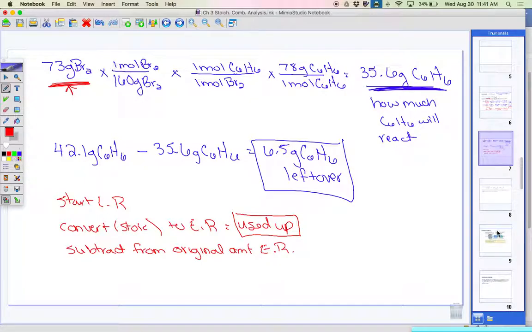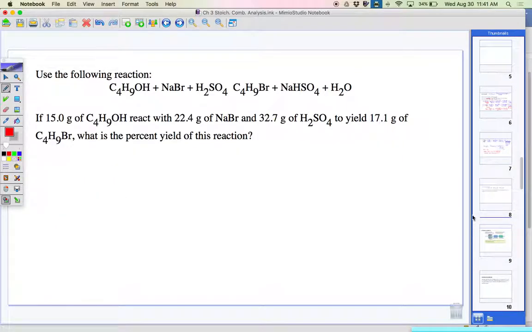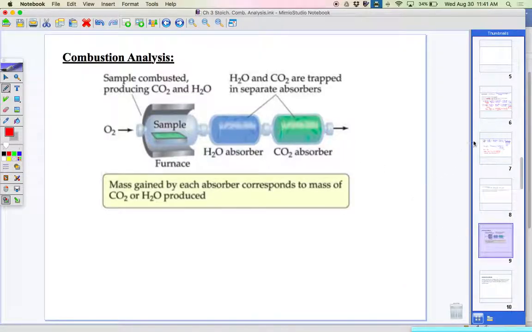I don't know if you can finish this, because this has combustion analysis on it. This is pretty easy. What we did before was nothing but review. I didn't teach you anything today. Nothing I did today was new to you. This, however, is new. No, I remember this. We did this last year.